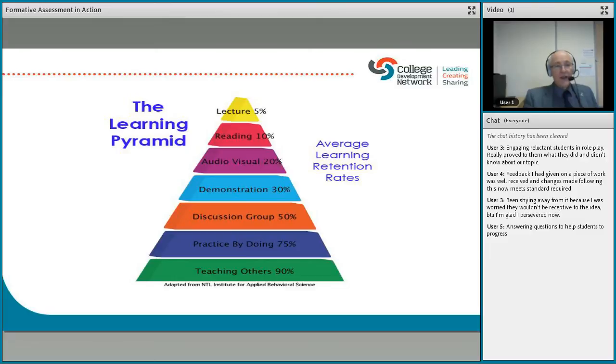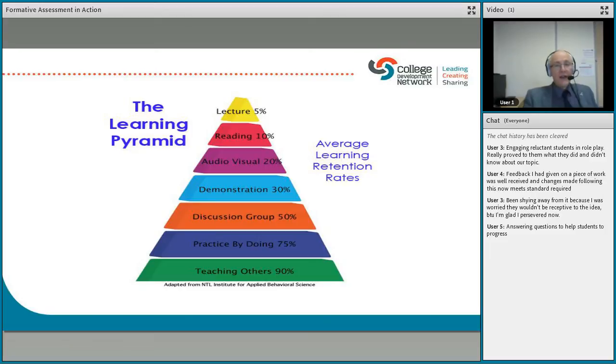And you'll see there that at the top of the pyramid, you've probably got more passive types of learning, whereas at the base of the pyramid, it's much more collaborative and interactive, and certainly formative assessment strategies and techniques definitely fall into that latter part, the bottom part of the pyramid.